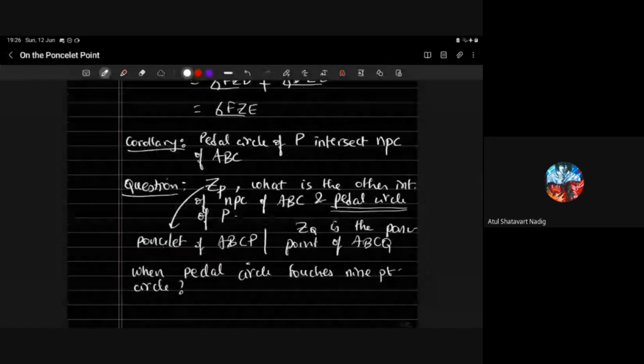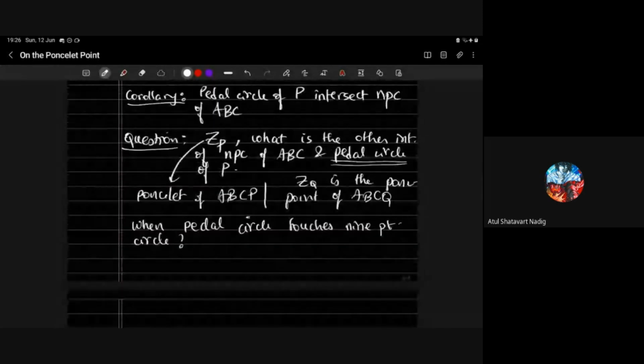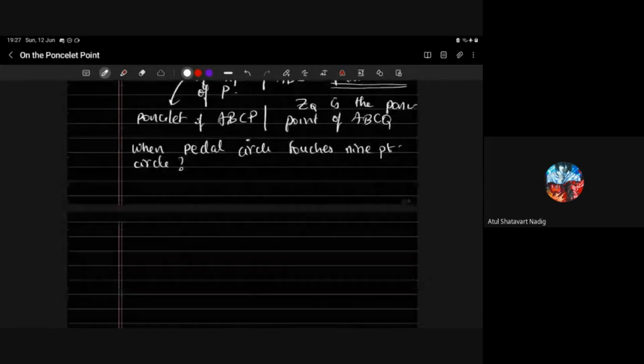So actually, you can kind of see Feuerbach's theorem from this. Maybe I'll do it sometime later in this class only. This requires some more stuff.